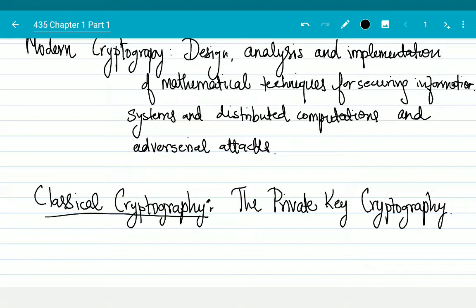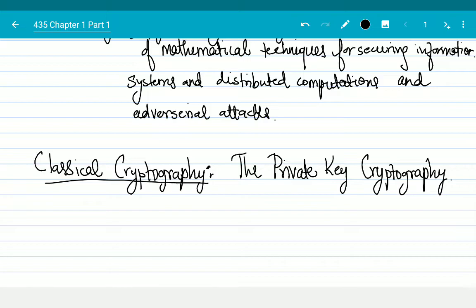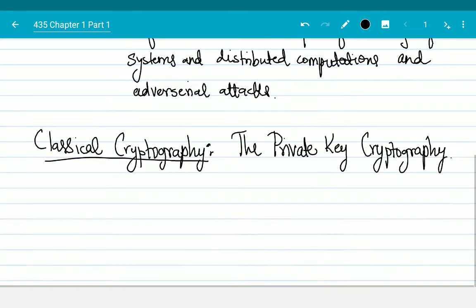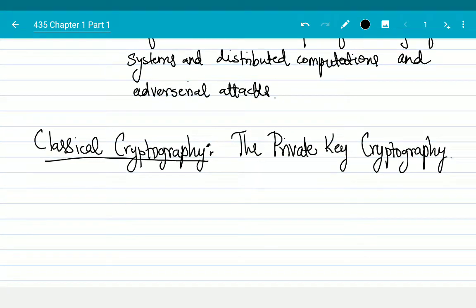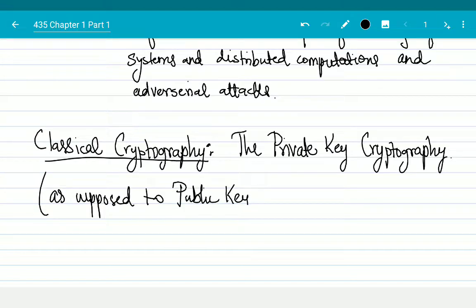Okay. So what is the difference between private key cryptography and what is today called the public key cryptography, as opposed to public key cryptography?